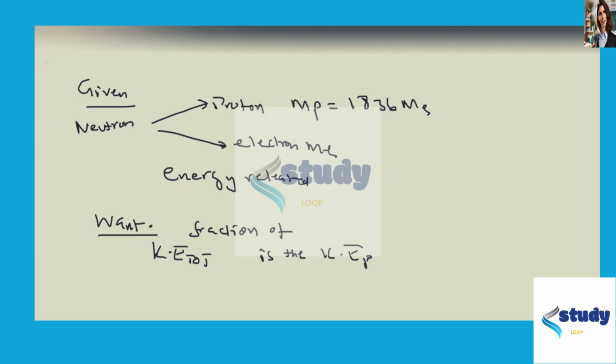So in relative terms, obviously you're seeing that the mass of the proton is 1,836 times the mass of the electron, and that affects the kinetic energy.